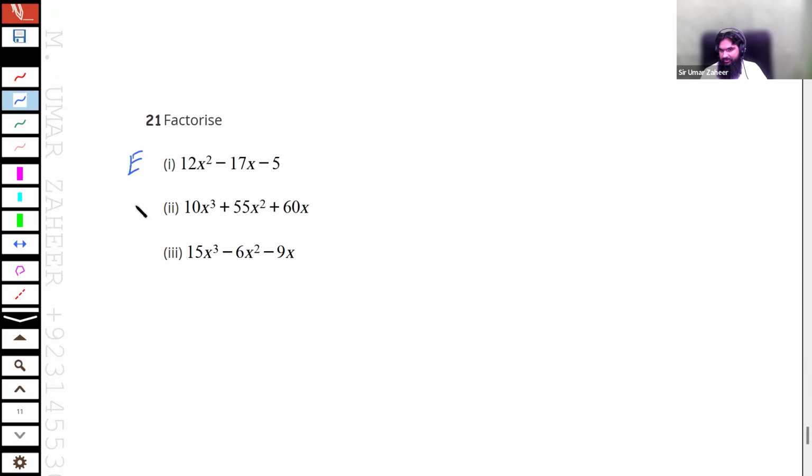Alright, do this one. Ishal, do this one. Tuba, Mustafa, do these three parts. Ishal, first part, Tuba, second part. Mustafa, you have to do the third part.